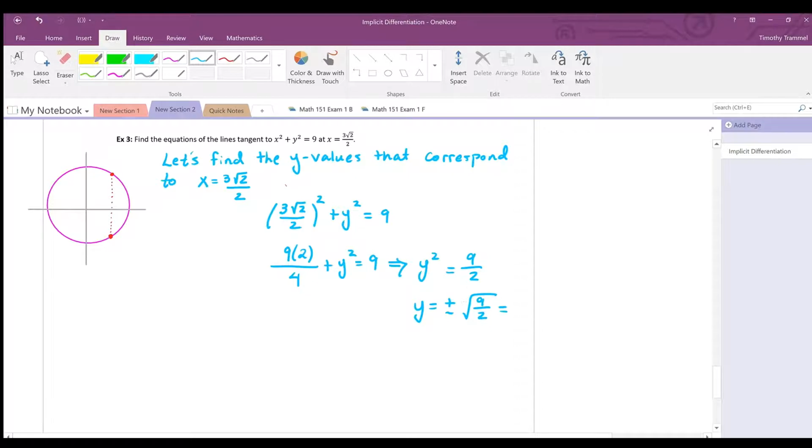And we can simplify this a little bit. The square root of 9 is 3, so plus or minus 3 over the square root of 2. Or if we wanted to go even further, we could rationalize the denominator, so plus or minus 3 square root of 2 over 2.